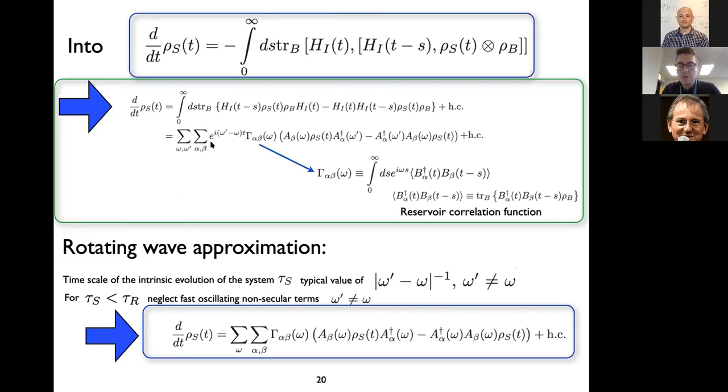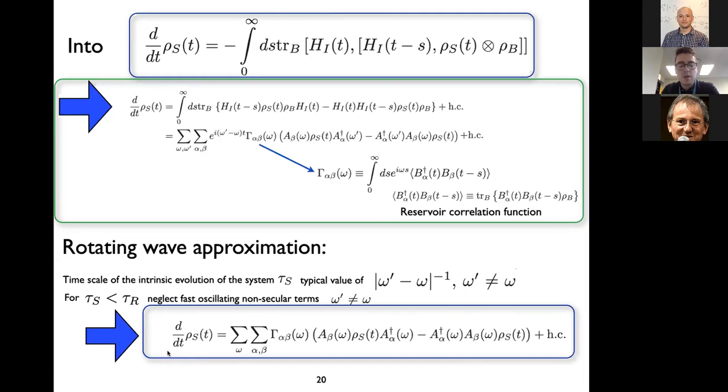So when we make the rotating wave approximation, we basically neglect these fast oscillating terms where omega prime is not equal to omega. So after we implemented the rotating wave approximation, we ended up with a master equation for the reduced density matrix of our open system in the following form.